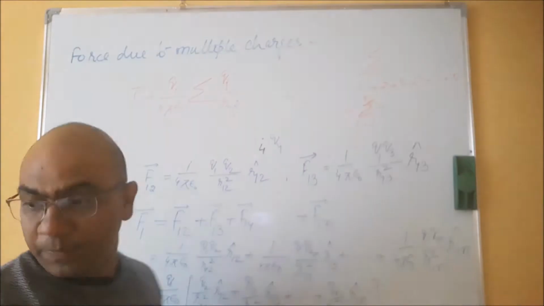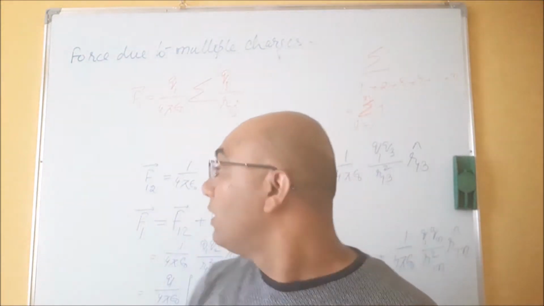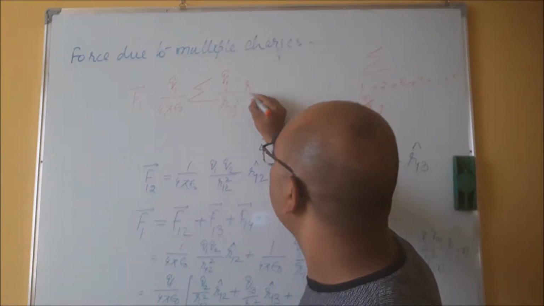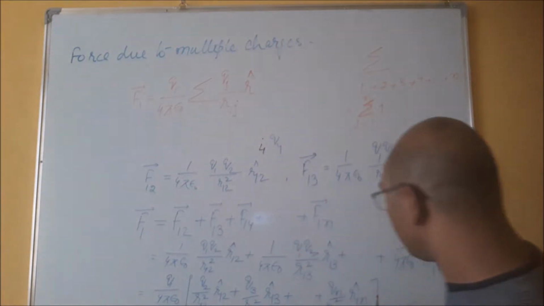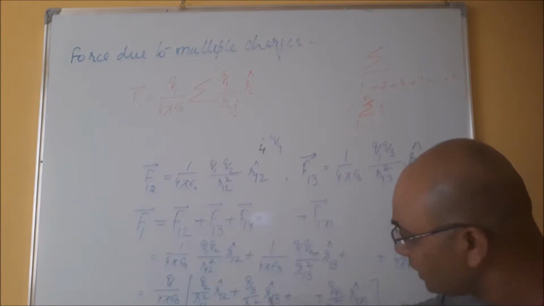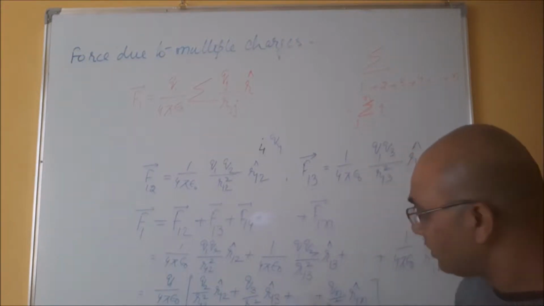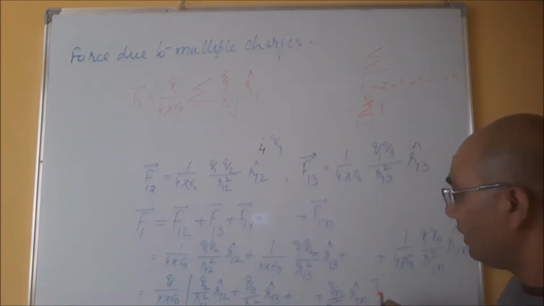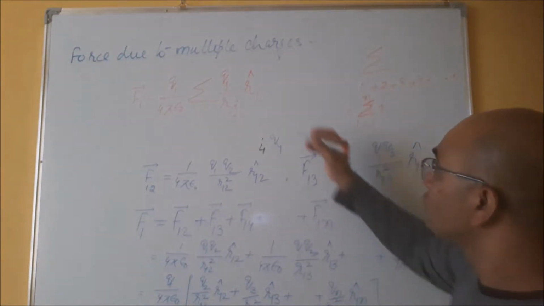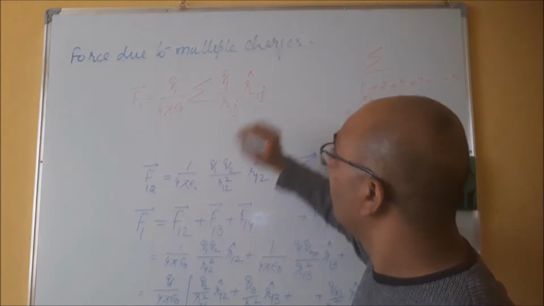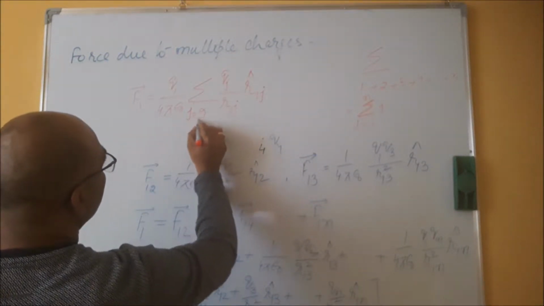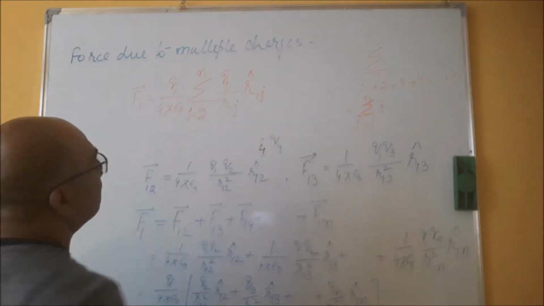Again, for r cap, the first term is always 1, and the second term is 2, 3, 4, so this is again j. And j will start from 2 and go up to n.